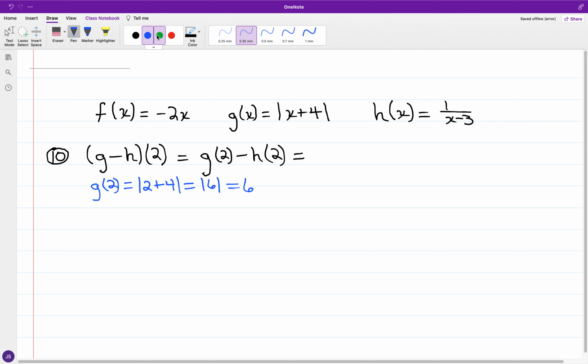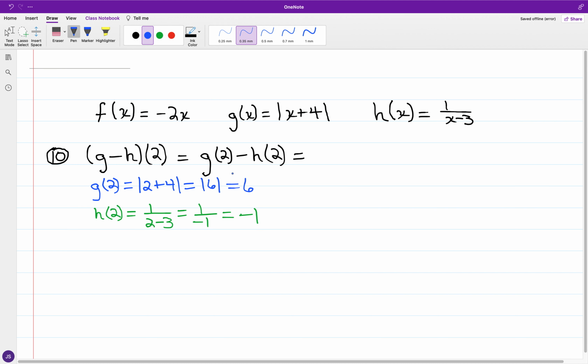And in the case of h of 2, you have the h function, h of the input is equal to 1 over the input minus 3. So you have 1 over 2 minus 3. And 2 minus 3 is negative 1, and 1 over negative 1 is minus 1.